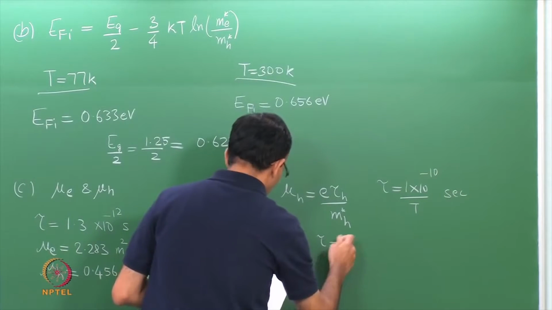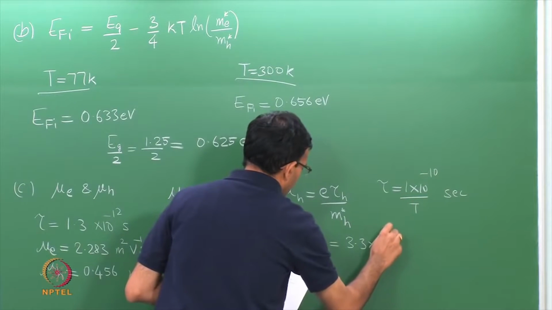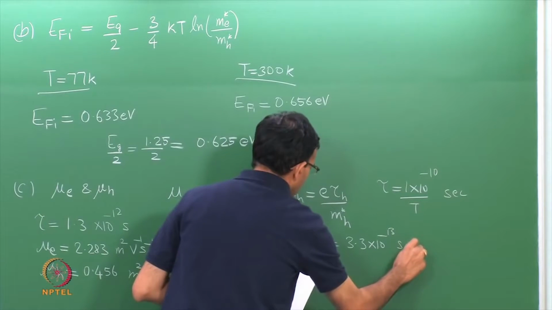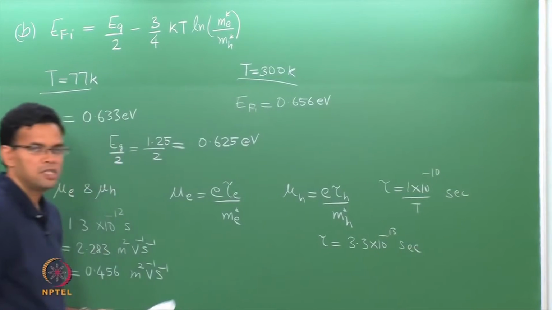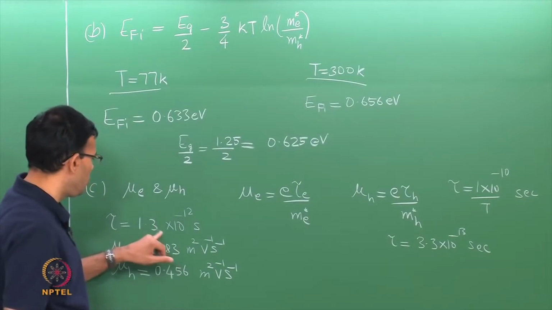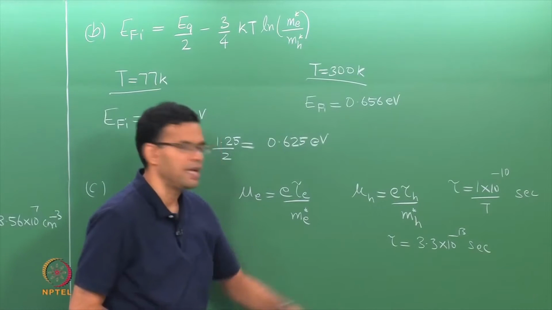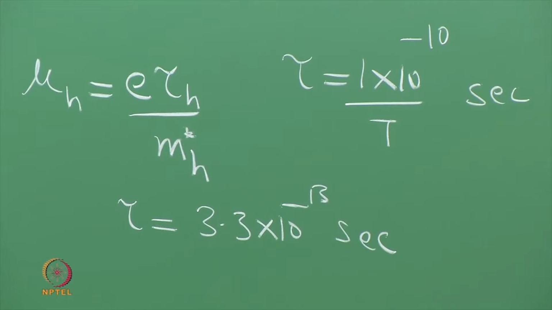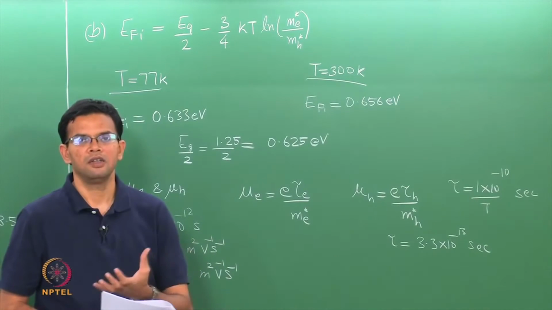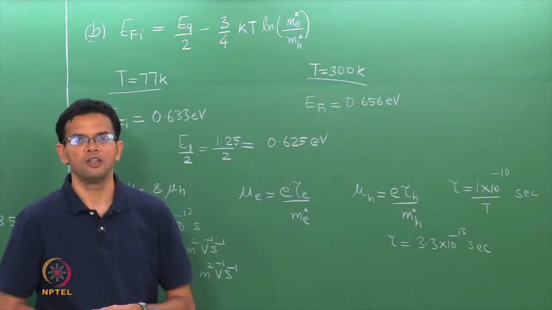In this case, tau is 3.3 times 10 to the minus 13 seconds. So, higher the temperature, smaller is the scattering time. So, at low temperature this is minus 12 seconds, this is minus 13 seconds. So, one way to think about this is higher the temperature, faster the electrons and holes are moving because they have higher thermal velocities.